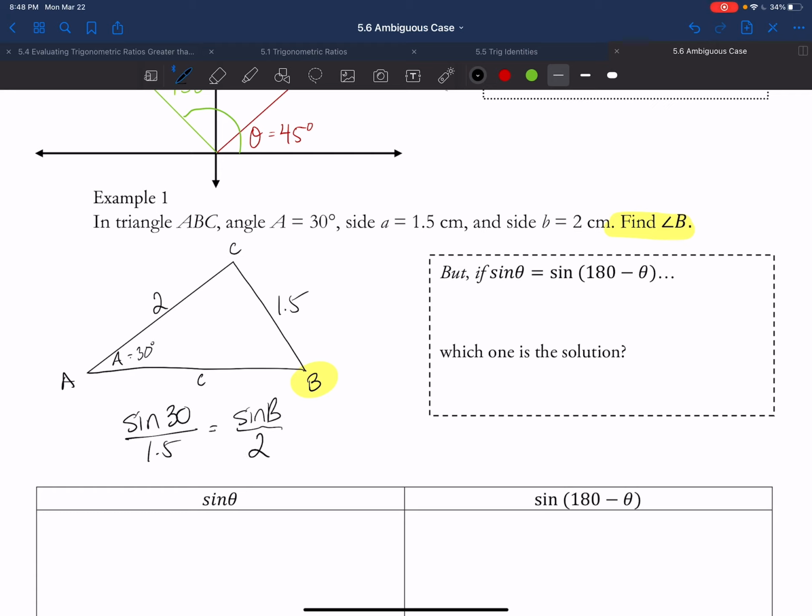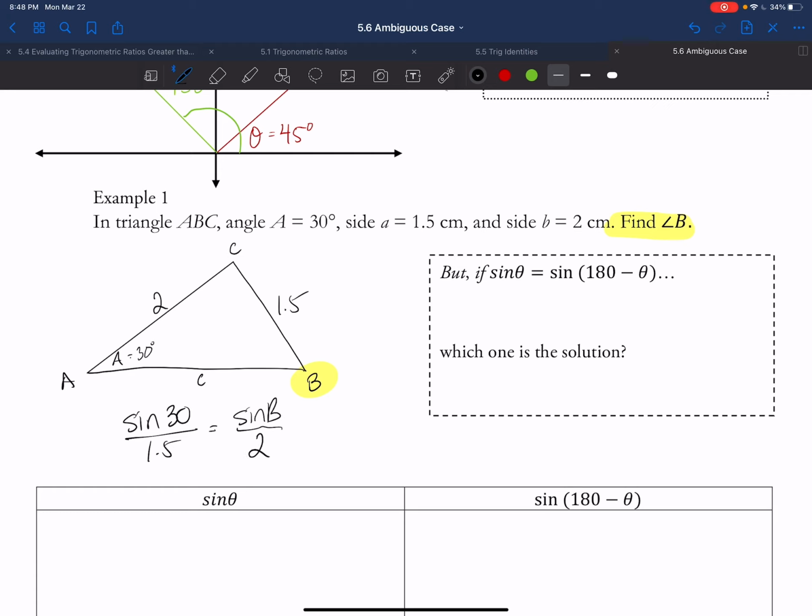But we remember that there's an angle in quadrant 1 and an angle in quadrant 2 where sine can have this ratio. So I got to figure out what the other angle is. So if sine of 42 in the first quadrant, then sine of 180 minus 42 would be equal to that. So which one is the solution?